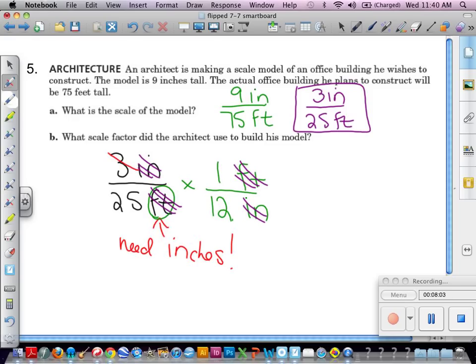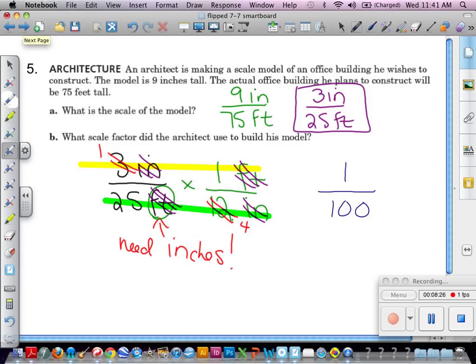The 3 and the 12 also can cancel. 3 divided by 3 is 1, and 12 divided by 3 is 4. Going across, you got 1 times 1, so you got 1 on the top. Multiplying across on the bottom, you got 25 times 4. You got 1/100. So what scale factor did the architect use to build his model?